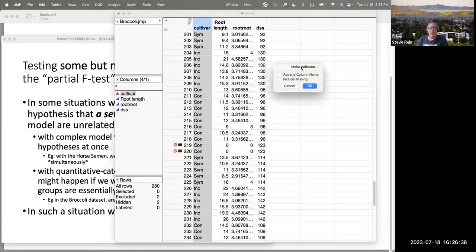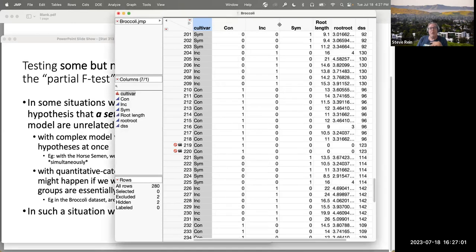Literally, I want three new columns: one that tells me, are you sim or not? One that tells me inc or not, one that tells me con or not. I usually like to go with this append column name option, and you don't have to. I often will select that just for my own sake. In this case, I don't need to. And we have these three new columns that correspond to which cultivar it is.